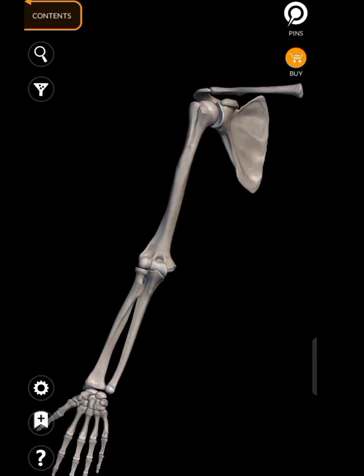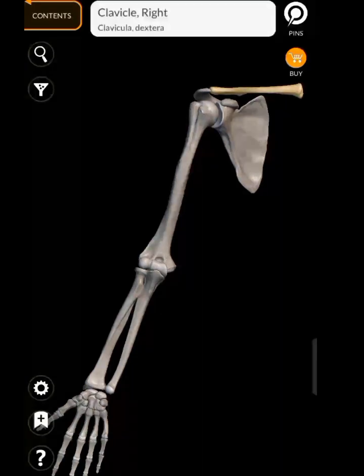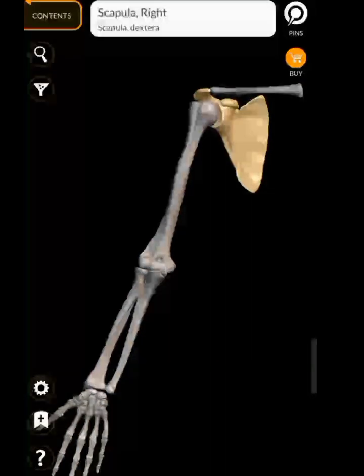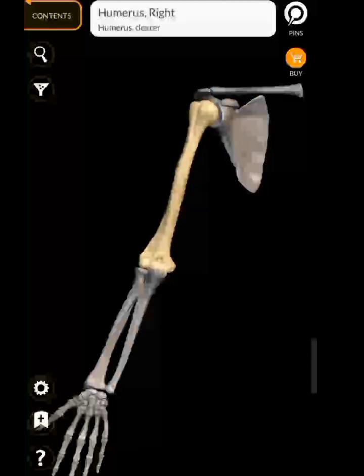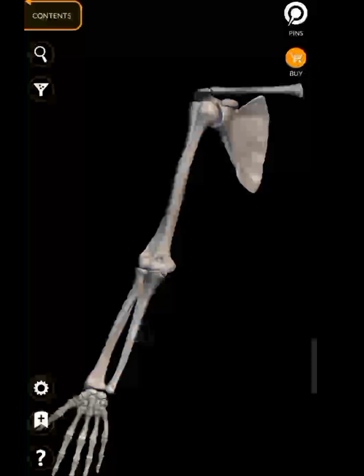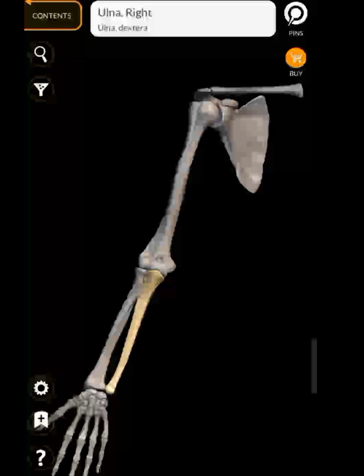Now you can see in the video all the 8 types of bones of the upper limb. The first bone of the upper limb is the clavicle, and then the scapula, then the humerus, radius, this is the radius, and this is the ulna, and these are the carpal bones, and 5 metacarpals and 14 phalanges or finger bones.